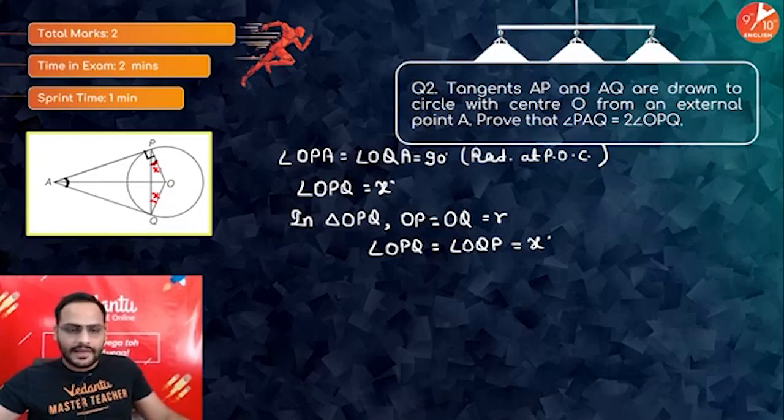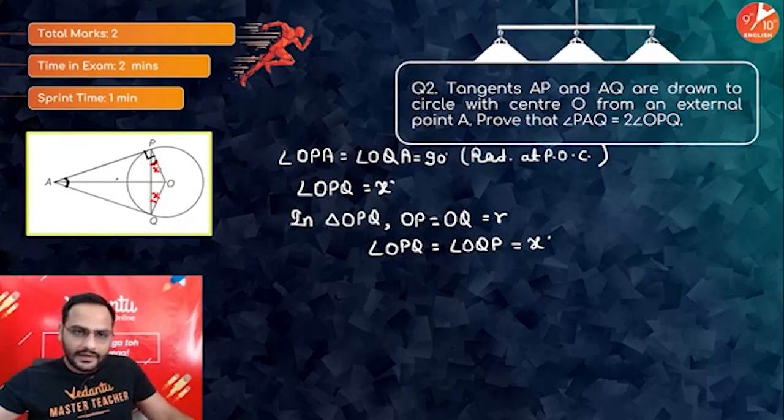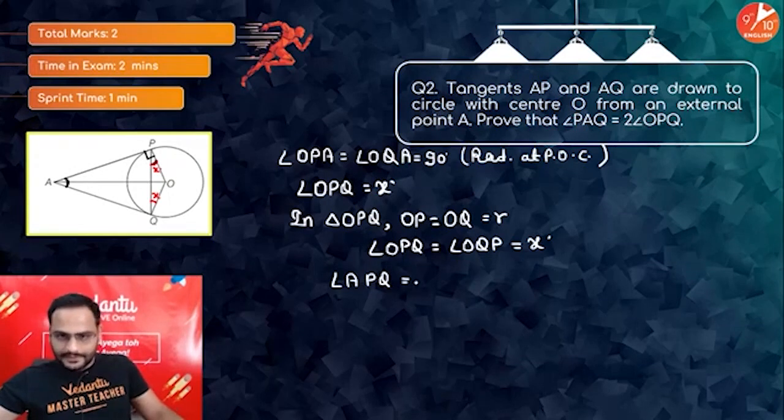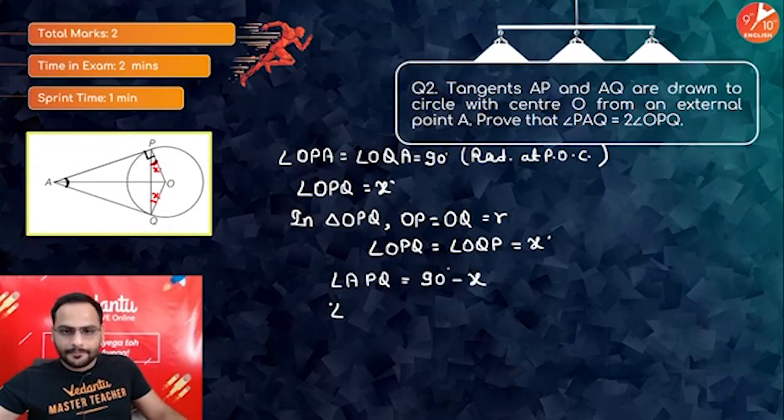So now I can say that, sir, the remaining angle, that is angle APQ, will be 90 minus X. Yes or no? So now I can say, sir, angle APQ will be equal to 90 degree minus X. Similarly, angle AQP will also be 90 minus X. Same logic.